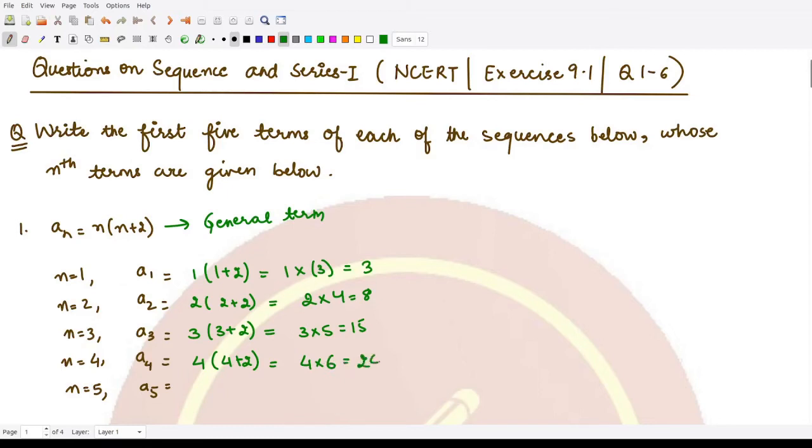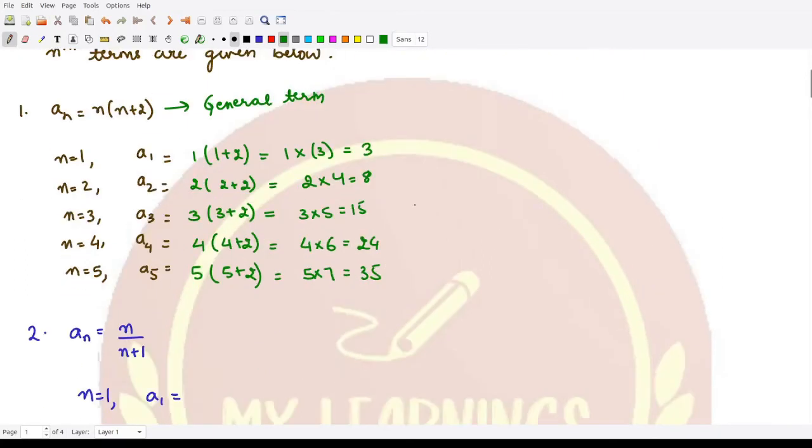So the value is 24. And for a5, we need to substitute n is equal to 5 here. So when we substitute n is equal to 5, we have 5 into 5 plus 2. So that is 5 into 7, which is 35. So we have the first 5 terms of the sequence as 3, 8, 15, 24 and 35.